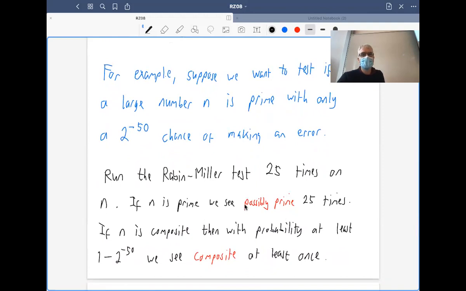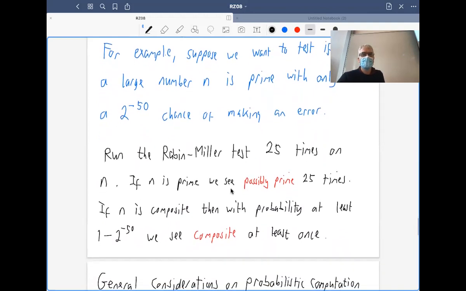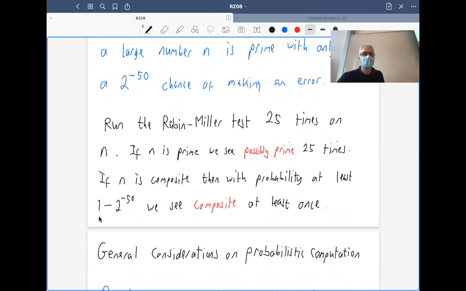So we run the test 25 times on n. If n is prime, we certainly see possibly prime 25 times. If n is composite, then with probability at least 1 minus 2 to the power of minus 50, which is very, very close to 1, we see composite at least once.